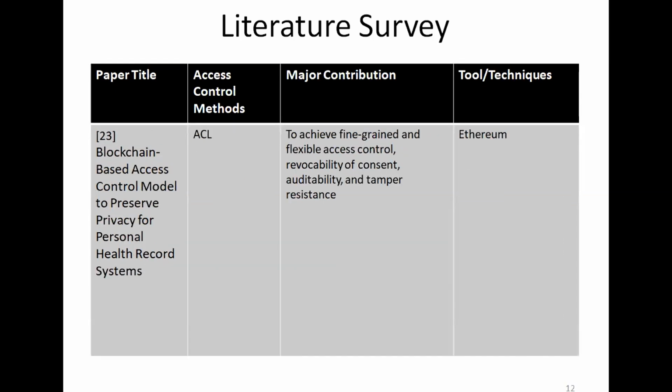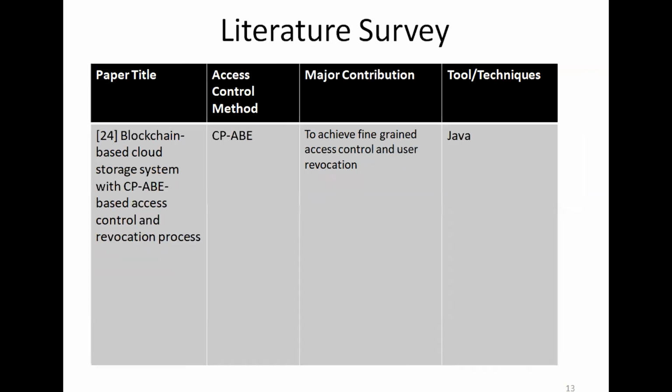In the same way, the access control list is generated to achieve flexible access control, as well as to revoke particular access rights from users, and to provide tamper-proof data, because the blockchain provides tamper-proof data. Whenever we create a new block, all the information is stored in the blockchain in the form of transactions, so no one will be able to tamper with the data.